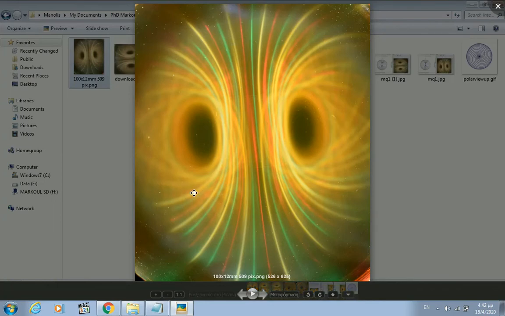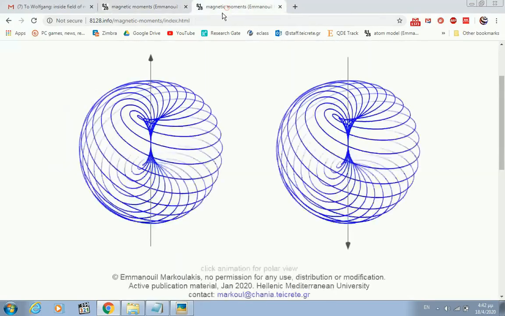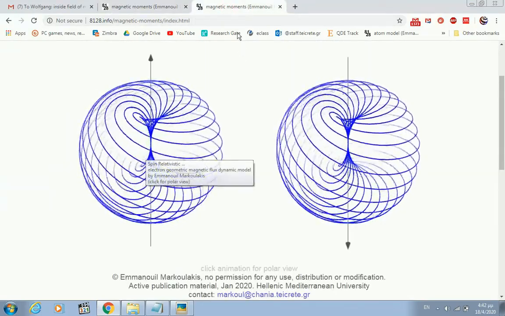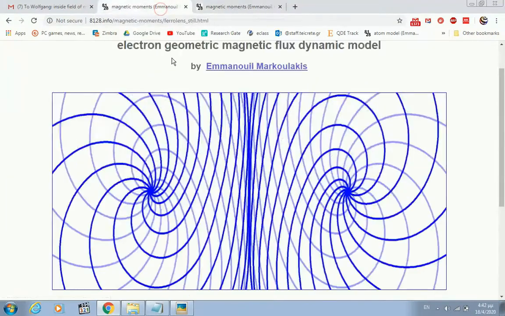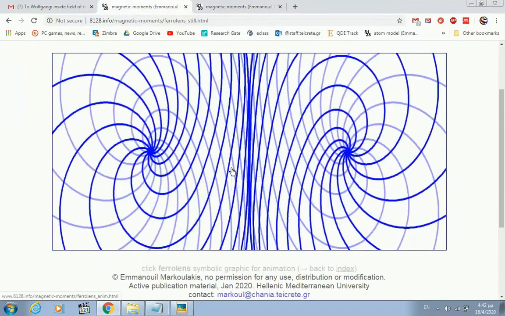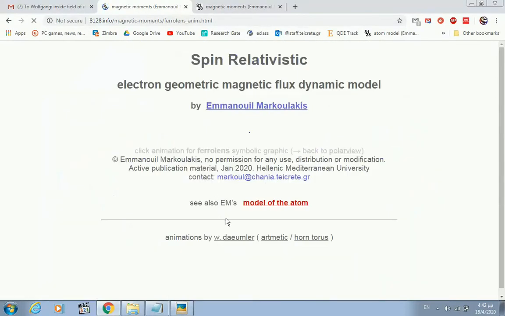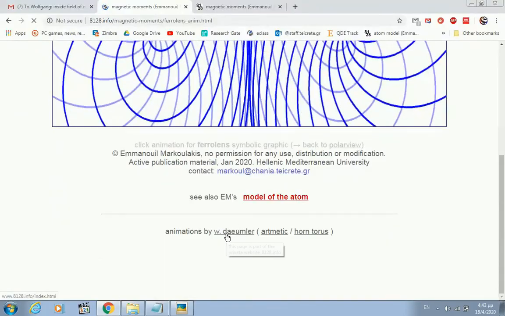But what is really happening, because the connection here in 2D space cannot be displayed, we see this final interpretation of the quantum field of the magnet on the Ferrolens, as shown here in the excellent animation of Tollner, whose site I have linked in this video.